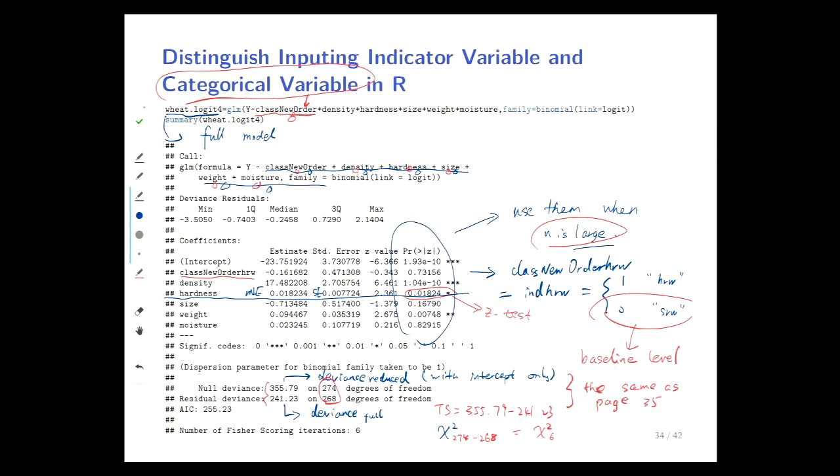We can also use the MLE and the standard error to compute the confidence interval for the coefficient of hardness. So how can we do that? Basically the MLE here is 0.018 and the standard error is 0.0077. So remember these two values, and then we are going to compute.